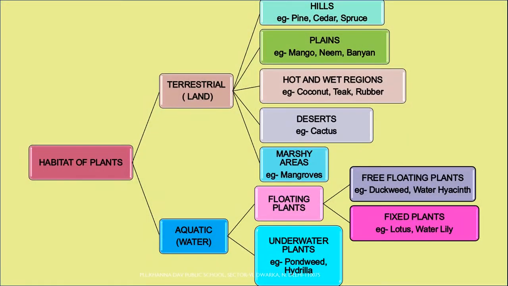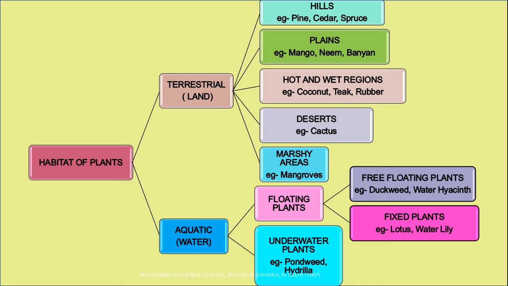And now let us summarize what we have learned about the habitat of plants in this chapter. Habitat of plants can be classified into two main categories: terrestrial, that is land, and aquatic, that is water.